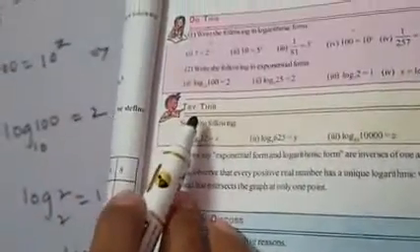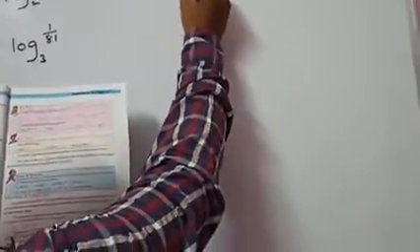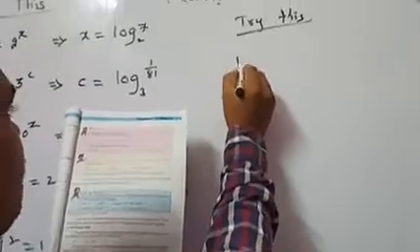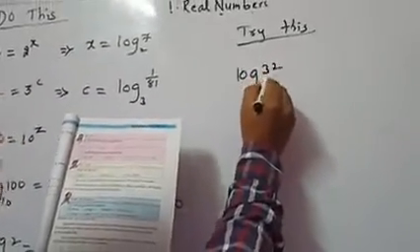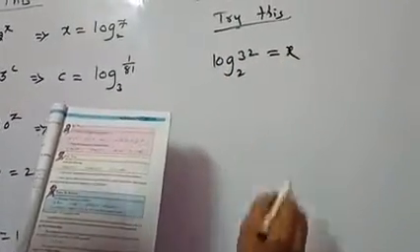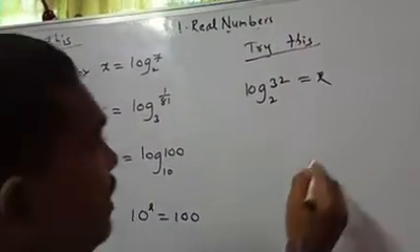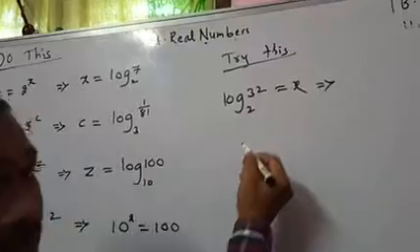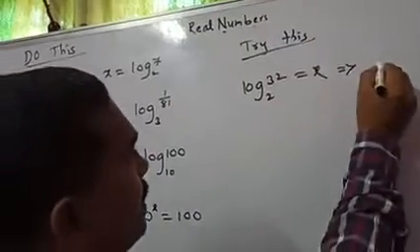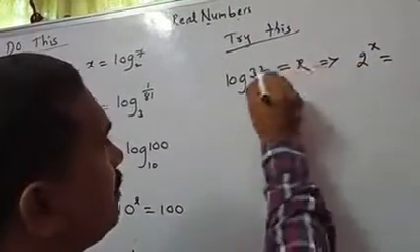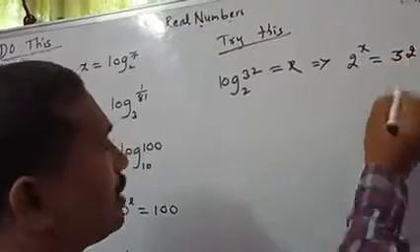See, let us try these problems. What is the first one? Log 32 base 2 equal to x. Solve the following. If you convert into exponential form, this is the base, this is the exponent. So 2 power x equal to 32.